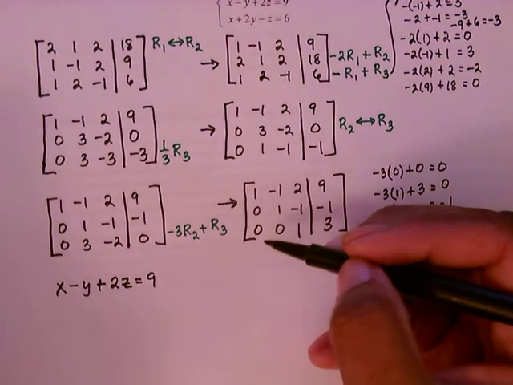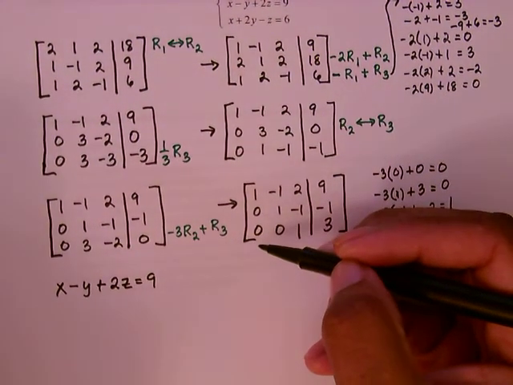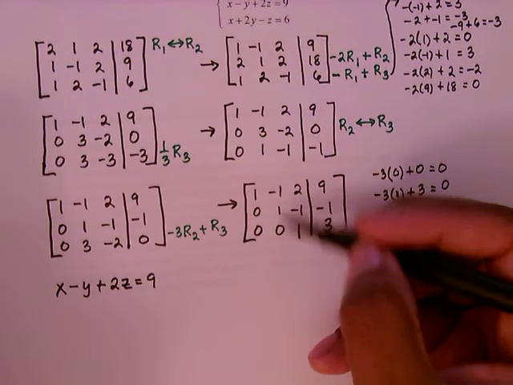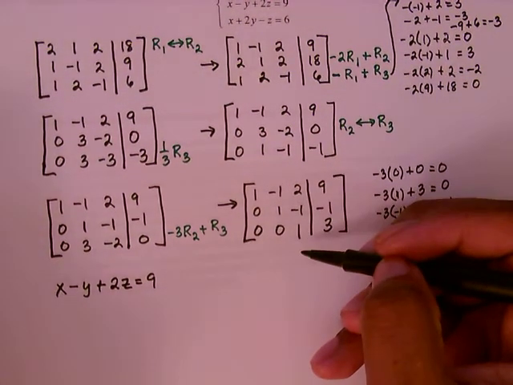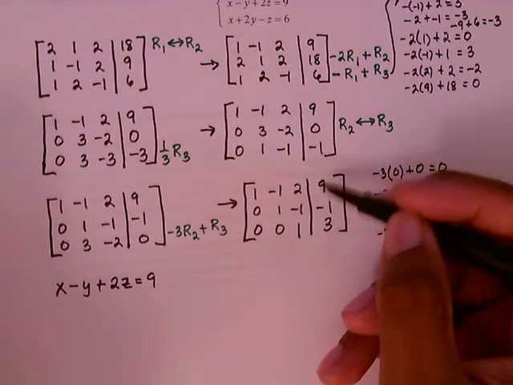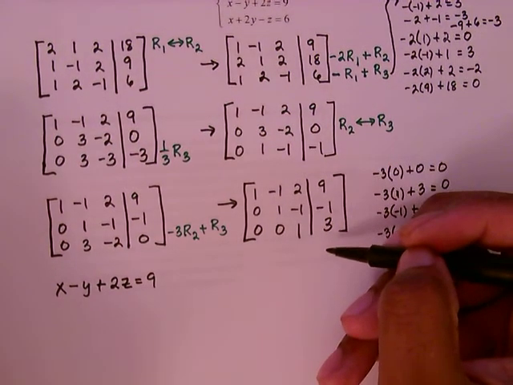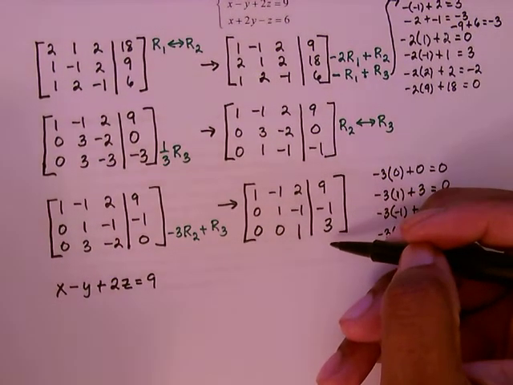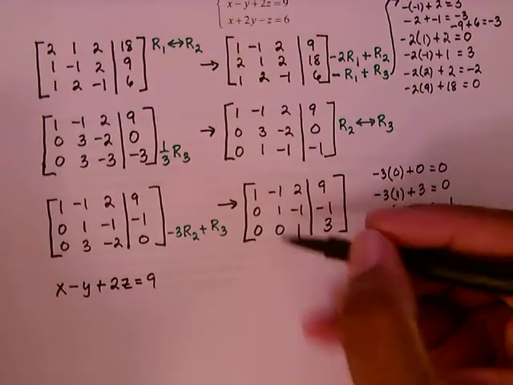Keep in mind, the first column is your x coefficients. The second column is the y coefficients. The third column is the z coefficients. The last column after the vertical bar represents the constants. The vertical bar is your equal sign.